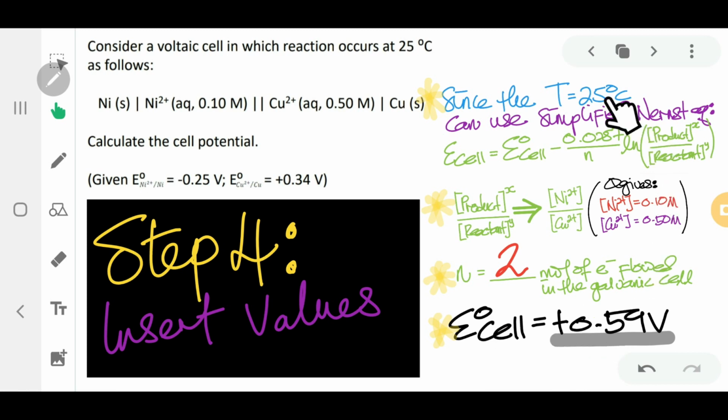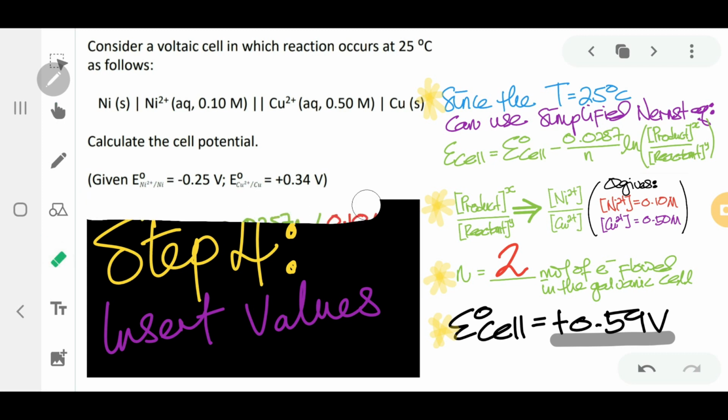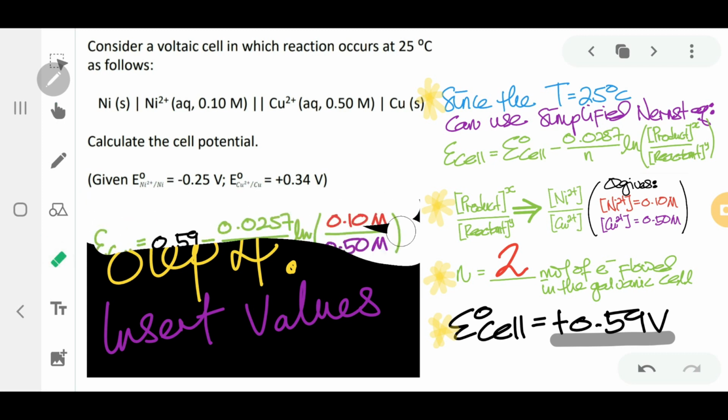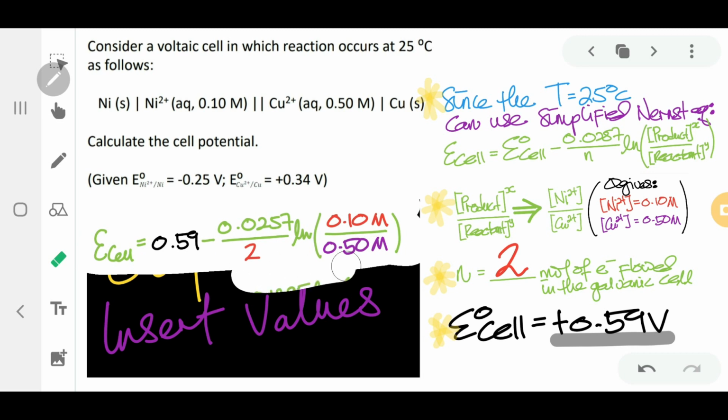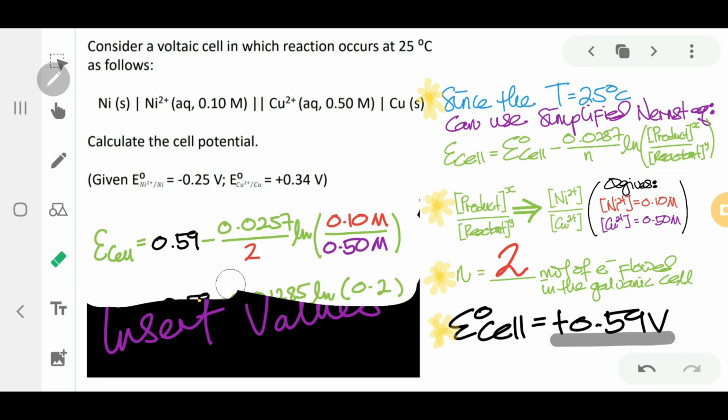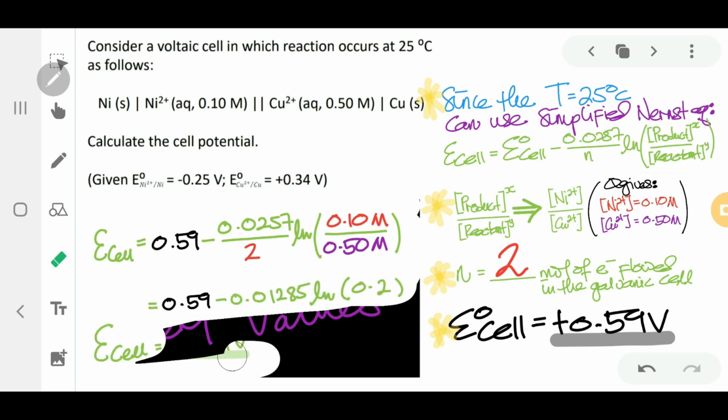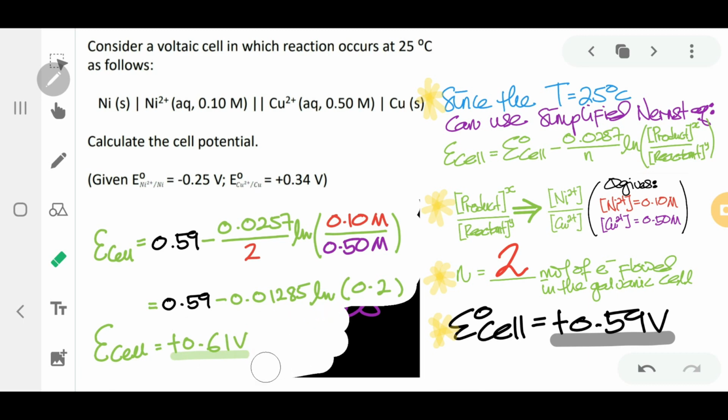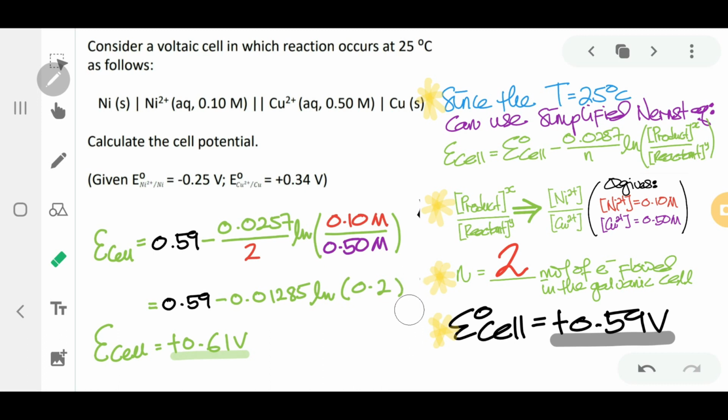We're going to insert all of this information into the simplified Nernst equation. You will get your E cell value equals positive 0.61 volts.